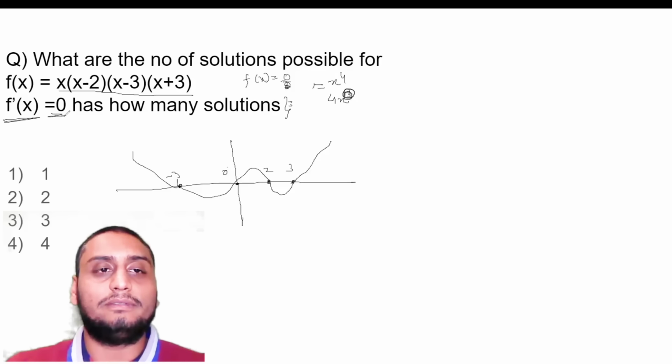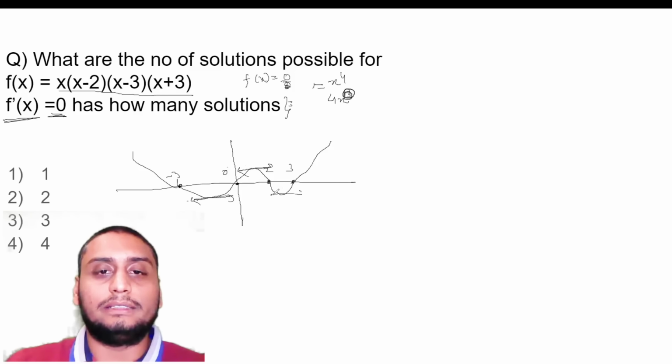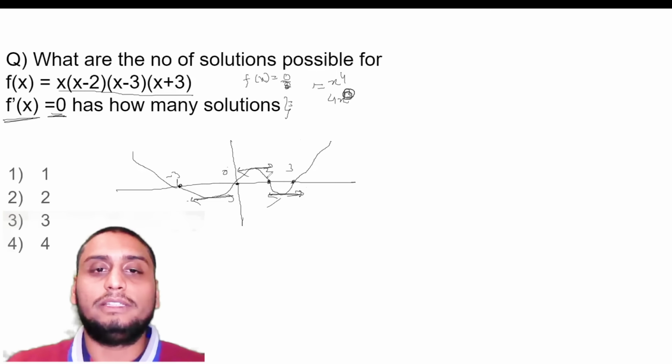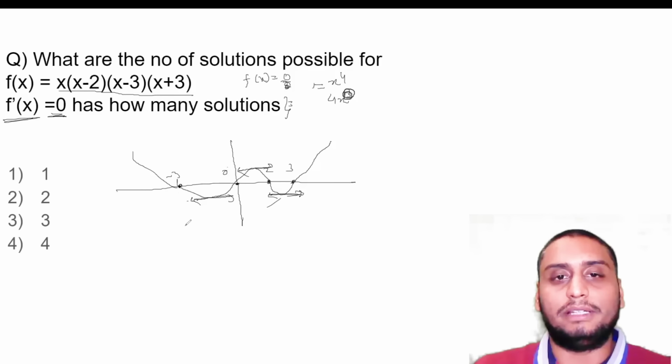For any curve, for the slope to be 0, it has to get flat. Flat means a line parallel to the x-axis should be tangent. So you can see one flat you will get here, one flat here, and one flat here. You will always get this because a polynomial always moves in a wavy curve.